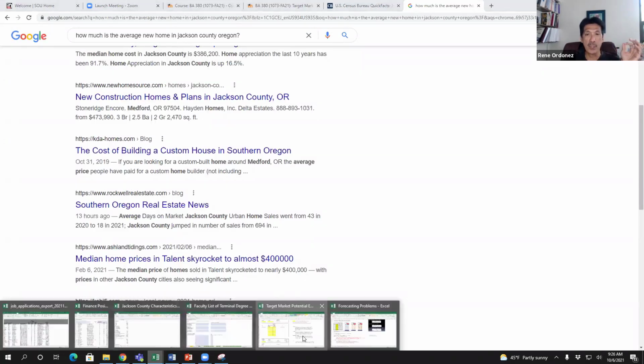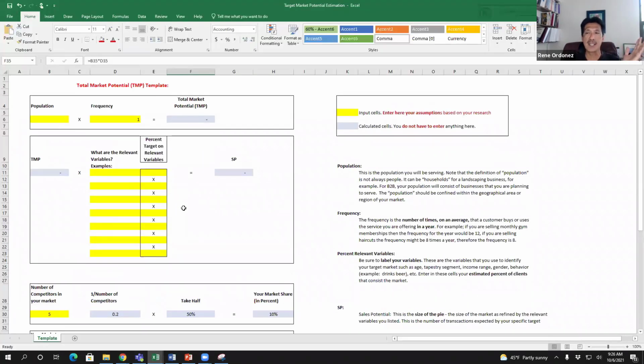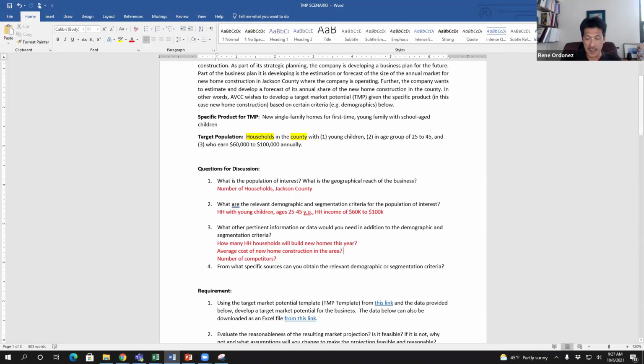So when you are putting information in this market segmentation, or in this target market projection worksheet, make sure that you have sources listed or identified for the assumptions that you are making. So let's say that based on our research, let's just put some contrived number here.